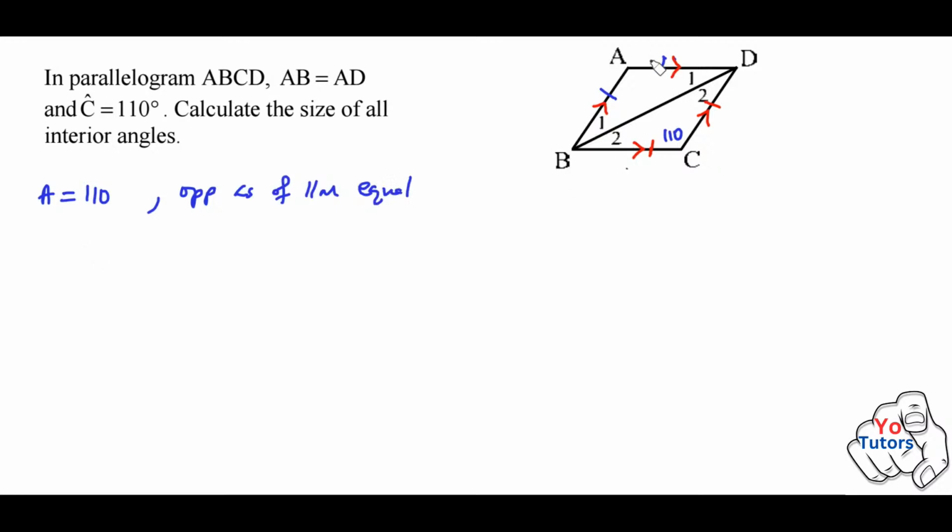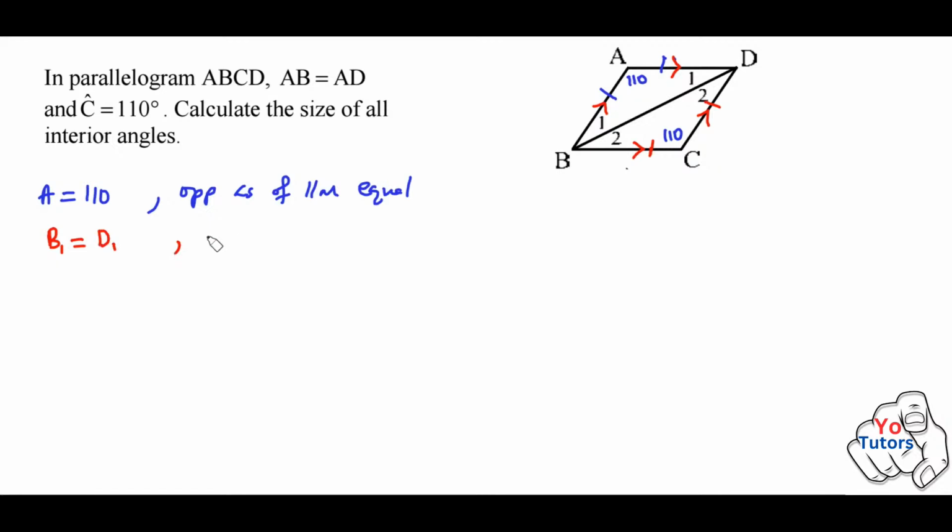Now, what's next? What we also see is that with the angle here, this one 110, we can also find D1 and B1. We can say B1 is equal to D1. Why are we saying that?